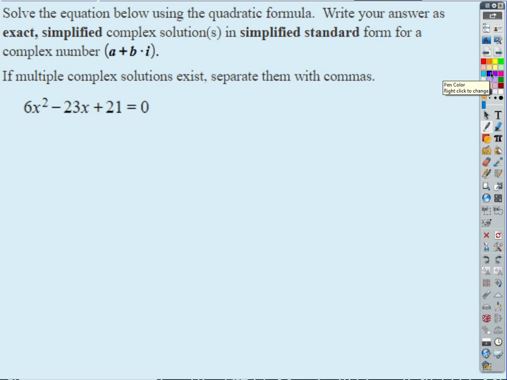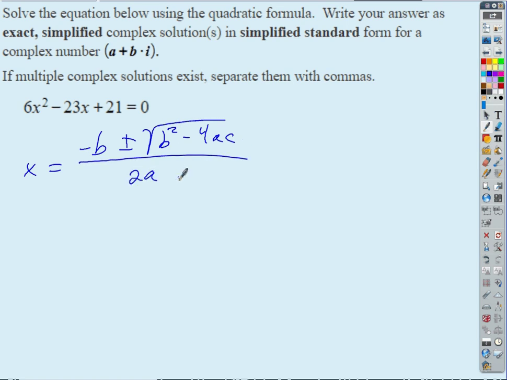So what about this? We're going to start off with the quadratic formula. X equals negative b plus or minus the square root of b squared minus 4ac, divided by 2a. What are the values of a, b, and c? 6, negative 23, and 21.